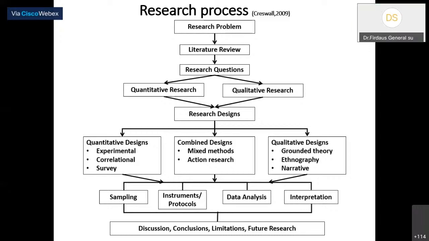Now, after going through all these steps in research, I have a question for you. If you can write down in the chat box, I would be glad. Among all of this that you have seen here, which one do you think is the most difficult thing to have in hand? Can you write down in the chat box, a few of you?